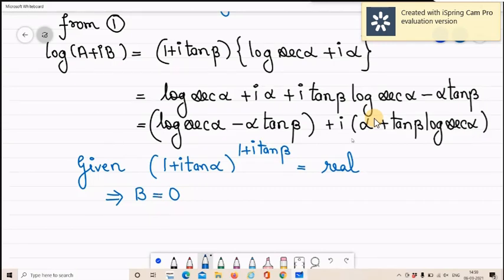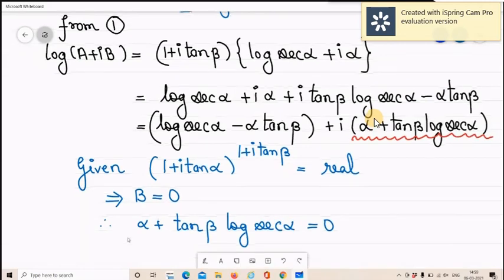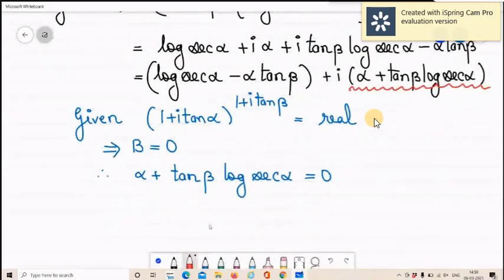But what will happen to this right hand side? The imaginary part will be 0: alpha plus tan beta log of sec alpha is equal to 0. This imaginary part is what we have written there. So from here, I get a relation.